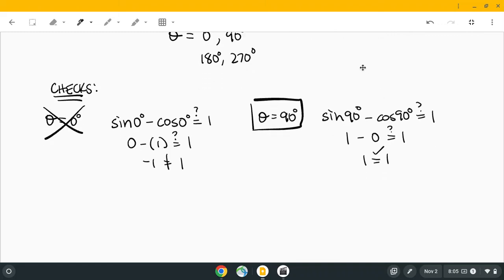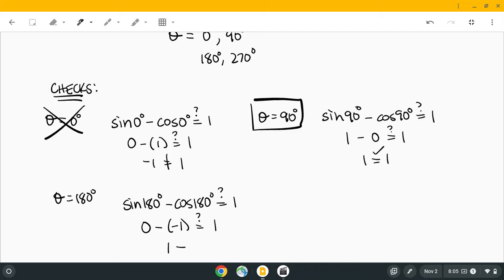All right, let's check 180. Okay, so sine of 180 degrees minus cosine 180 degrees. Does this equal 1? Sine of 180 is 0. Cosine of 180 is negative 1. So does this equal 1? Yes, it does. Okay, so theta equals 180 works.